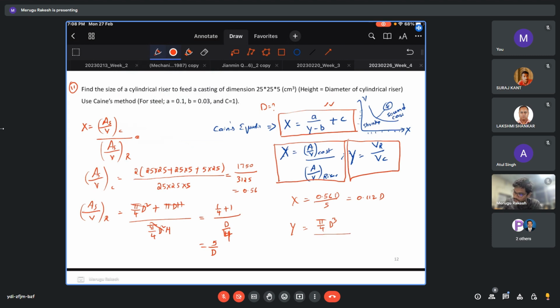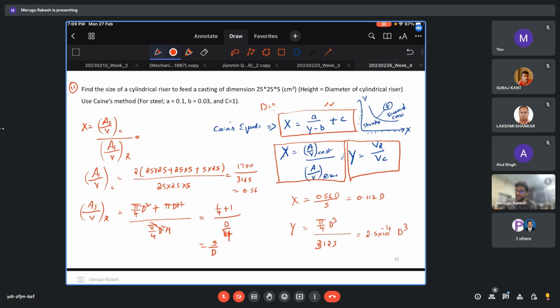Then we have the volume of the casting, that is 3125. So we have 2.5 into 10 raised to the power of minus 4 d cube.